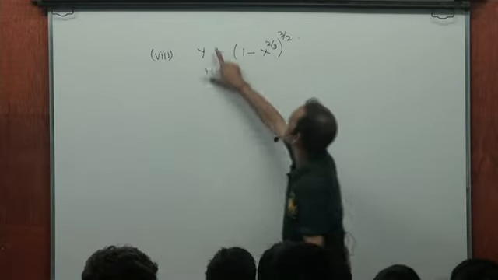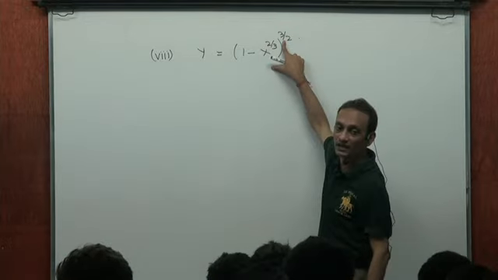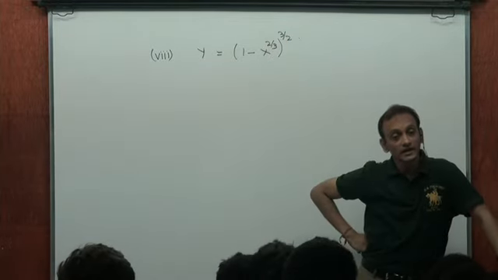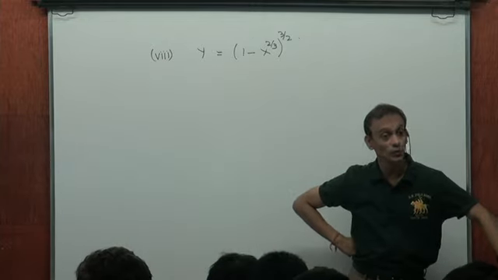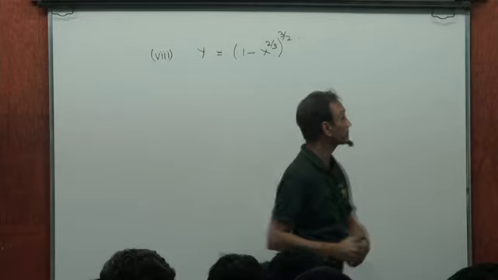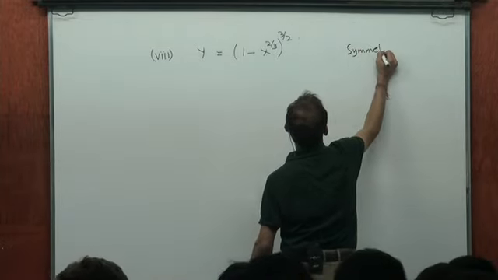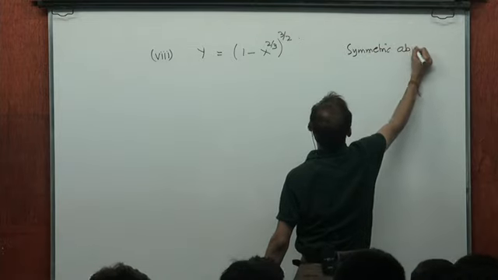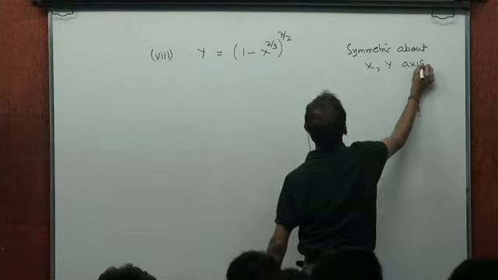And this could have been written as y squared is (1 minus x to power 2 by 3) whole to power 3. So symmetric about the x-axis also. It's symmetric about both axes, x-axis and y-axis, right? I hope you realize why I said this.